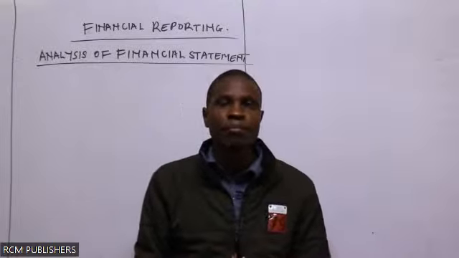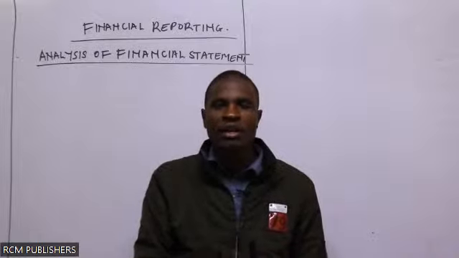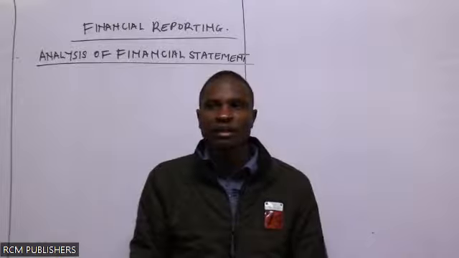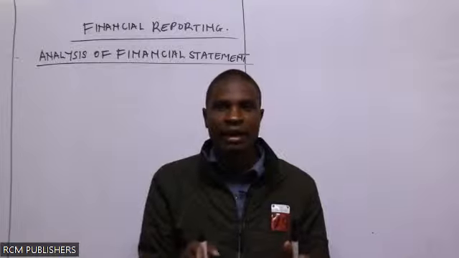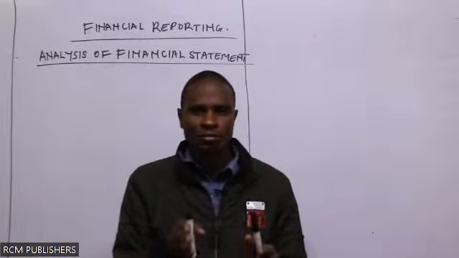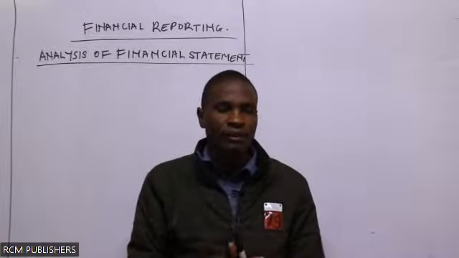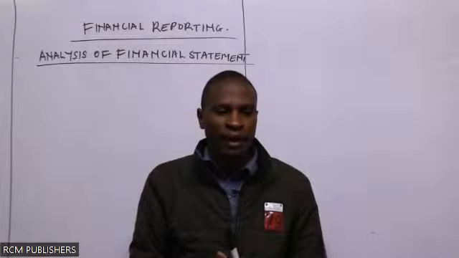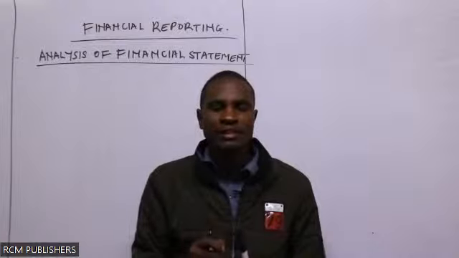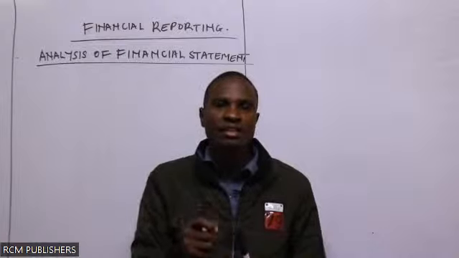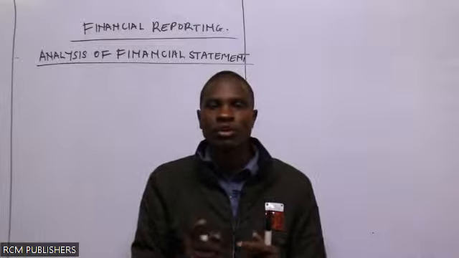I know you people understand the format of income statement. Now, give me another item that we can look at when analyzing this financial statement, specifically the income statement. Someone is giving us purchases. Purchases is another thing that we should look at.